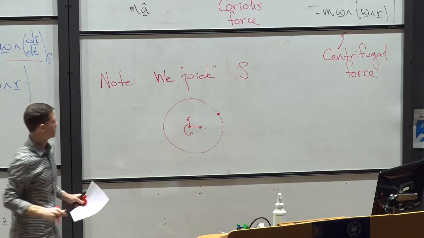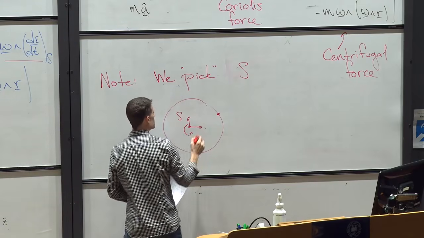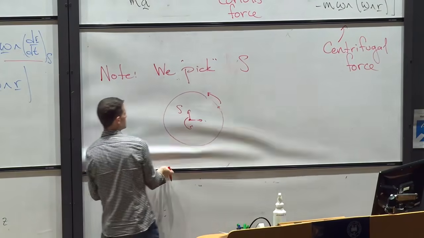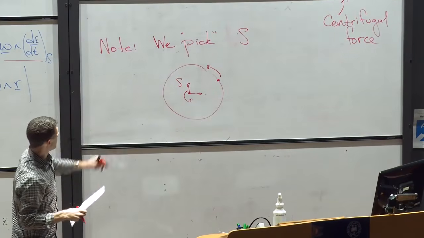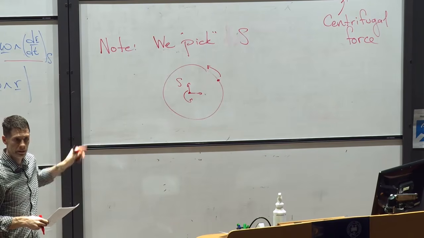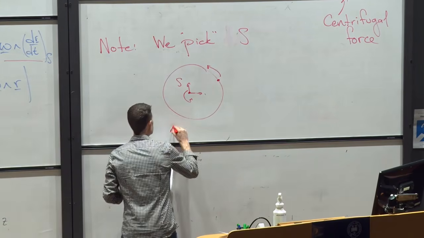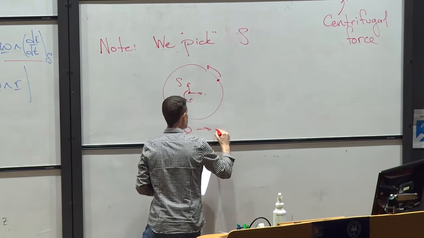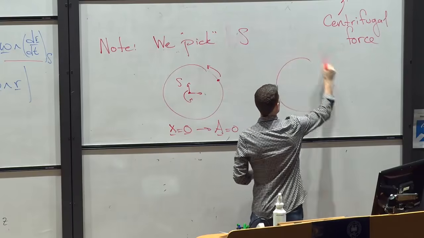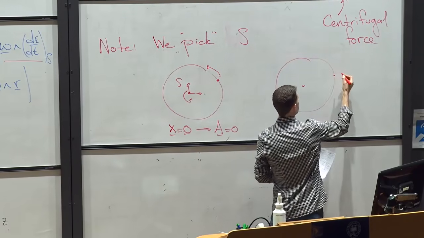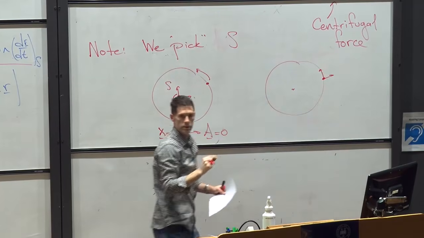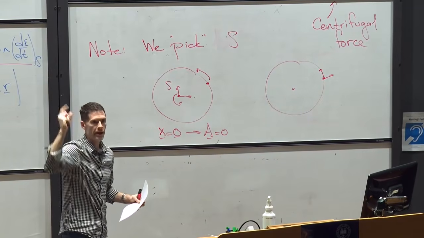So in that version, I'm choosing x to be 0, right? Which means that capital A is 0. I could do the exact same problem where I put my frame at the track, if you want.